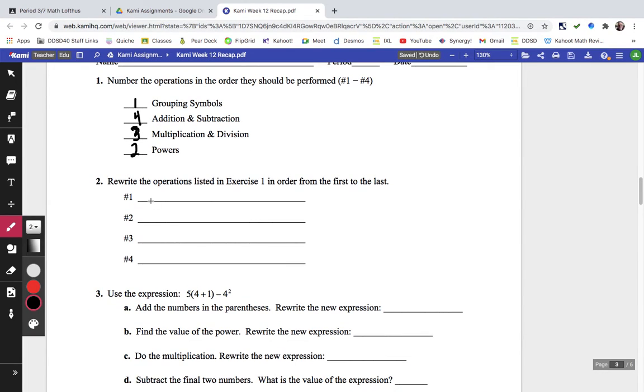So we're going to put grouping symbols, and then powers, and then multiplication, division, and then addition, subtraction. It's okay to abbreviate that. So that's the order from first to last.